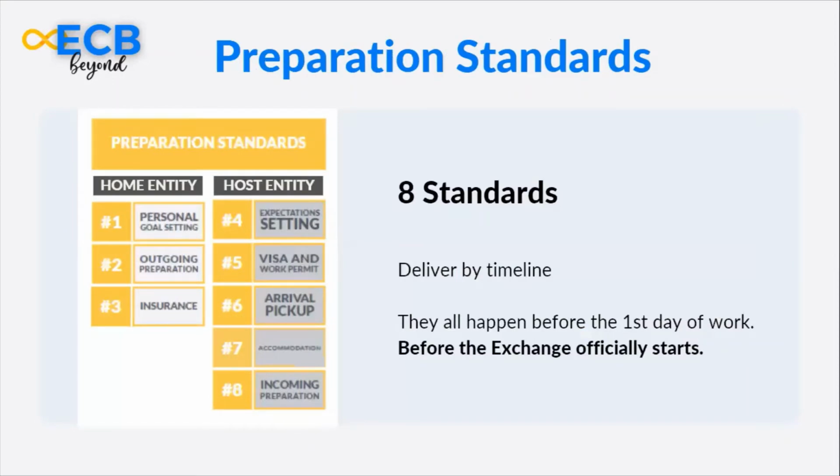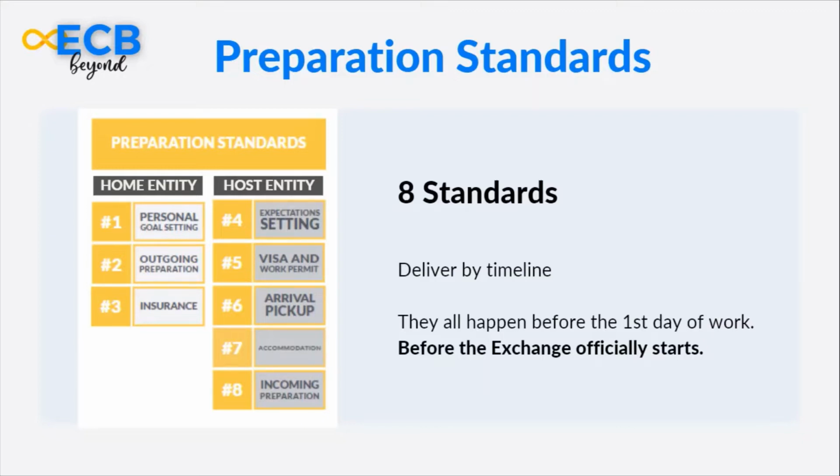For the first phase, there are the preparation standards. There are 8 standards that you must be delivering in this part. You have a timeline for this, and these happen before the first day of work. All of these happen before the exchange officially starts.